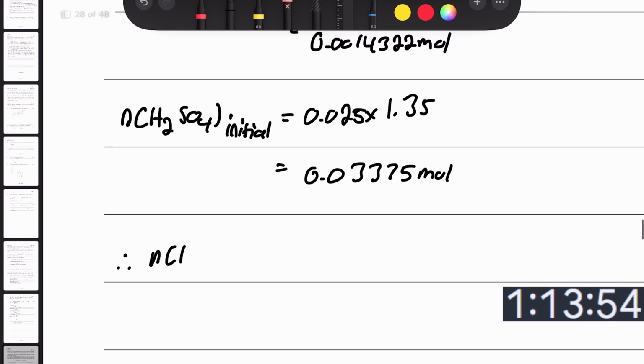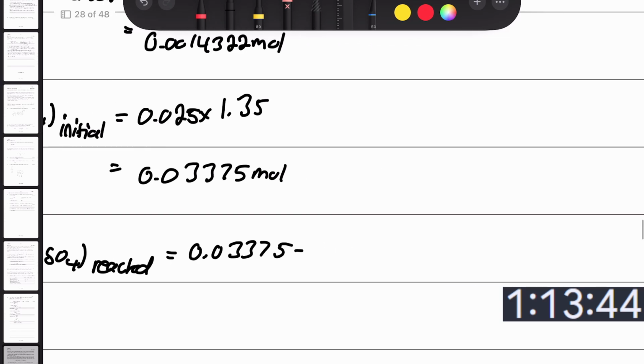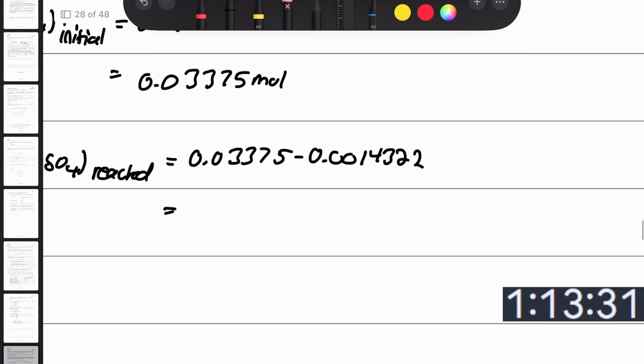Therefore, the number of H2SO4 reacted is 0.03375 minus 0.0014322, and this will give me how many moles reacted. So 0.032318 moles reacted.